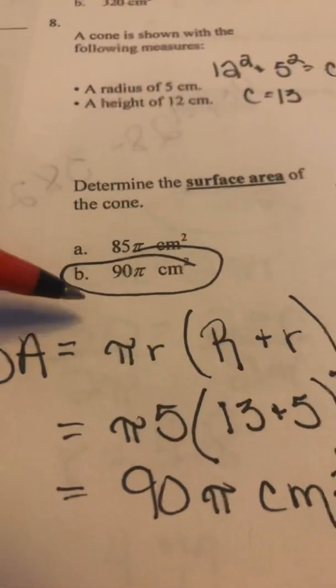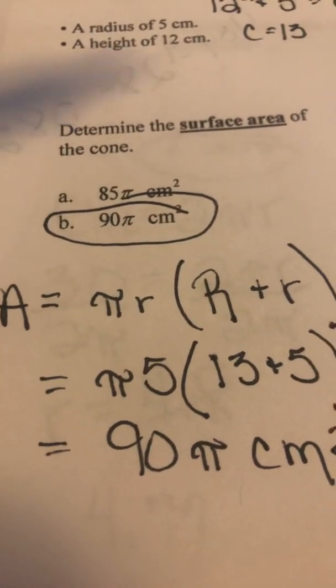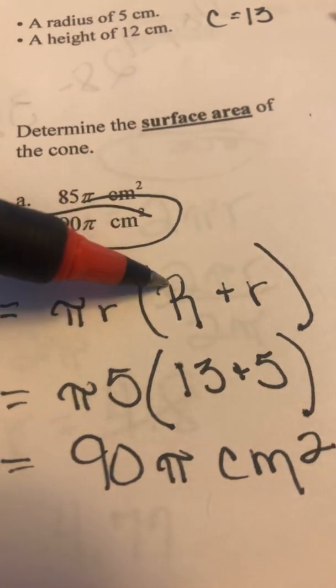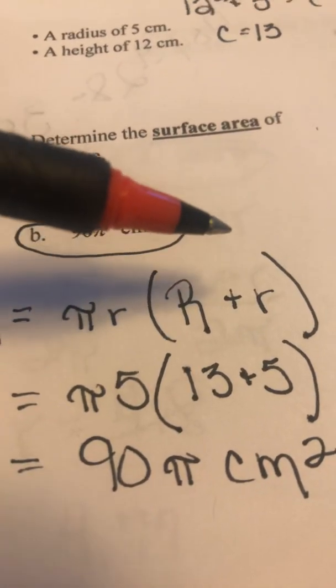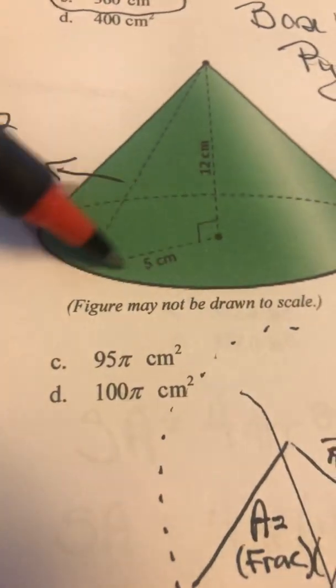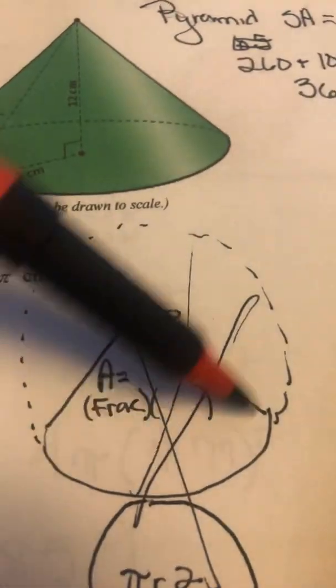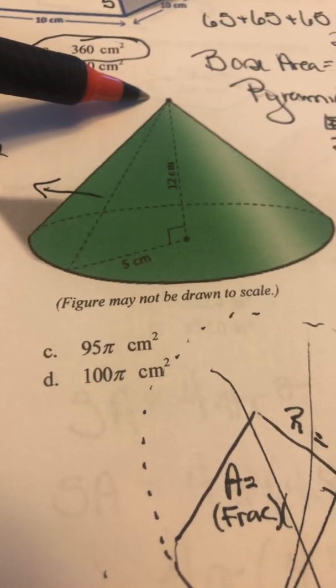All I did is take the formula for finding the surface area of a cone, which is pi small r, and then inside parentheses big R plus small r. The reason we're saying this is because we have 2 radii here. We have the radius of this circle, and then if we unroll this, we have this radius. So this is little r, this is big R.